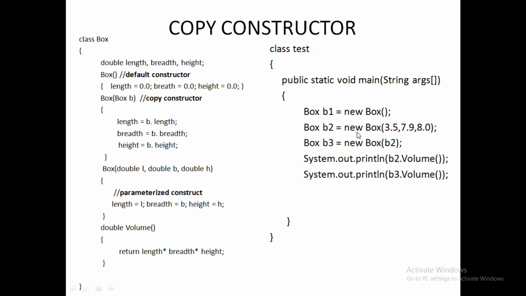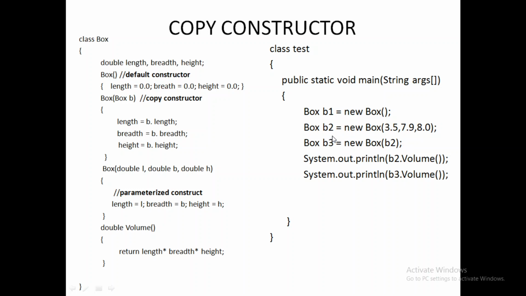Now this b2 object is initialized with the values 3.5, 7.9 and 8.0, as I have used a parameterized constructor here. So this one will be executed and the length, breadth and height will be initialized with 3.5, 7.9 and 8.0 respectively. But here, this is the interesting thing.